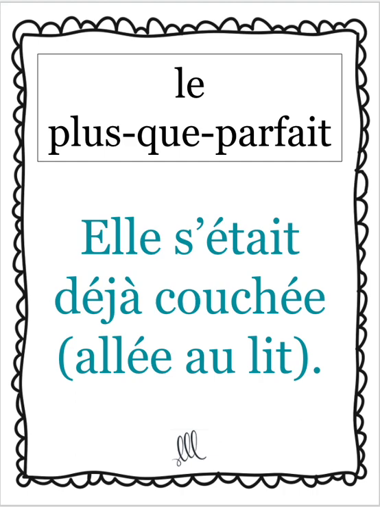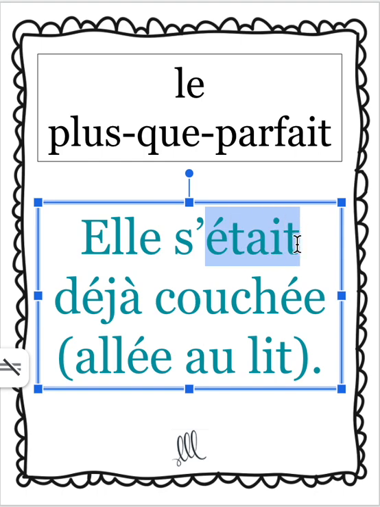Either one is fine, but it doesn't matter whether you're using a reflexive verb or the infinitive aller. They both take être as a helping verb. So le plus que parfait, we're going to actually follow the passé composé rules, right? But the helping verb, look, you see what tense the helping verb is? That is the imperfect.